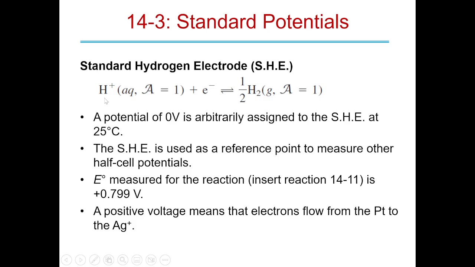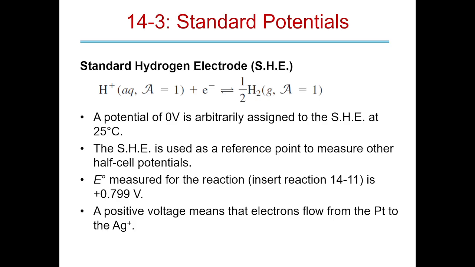It's, again, the H plus taking on an electron to give you H2, the gas. It has a potential of 0 voltage, which we've, again, arbitrarily assigned to the SHE at 25 degrees Celsius, which is room temperature-ish, right?